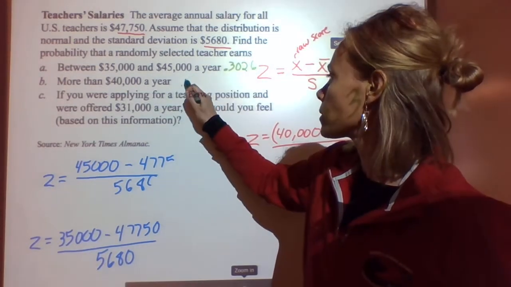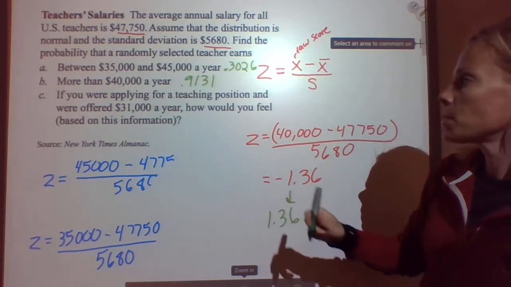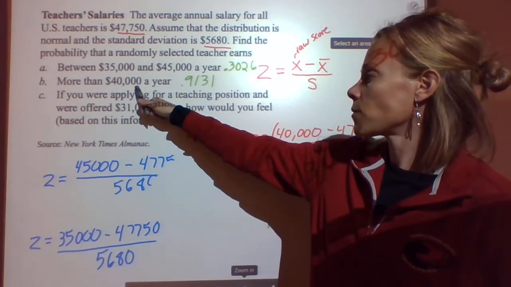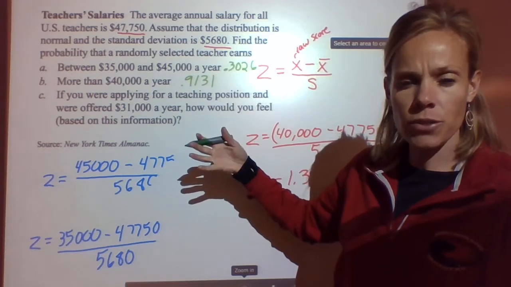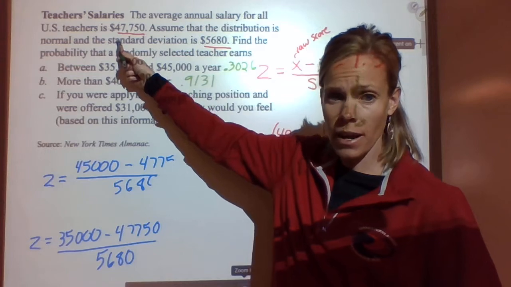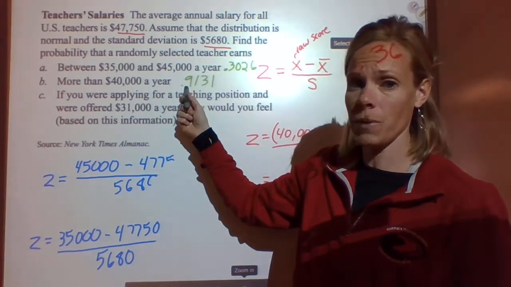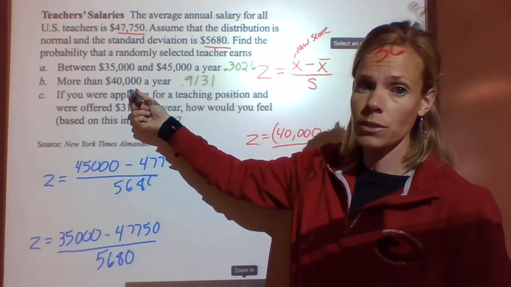So that's my answer. The probability that a teacher makes more than 40,000 a year is about 91%. And when you get these answers, you should think, does that make sense? Well, if the average is 47,000, I should hope that most teachers are making more than 40,000, because 40,000 is less than average.